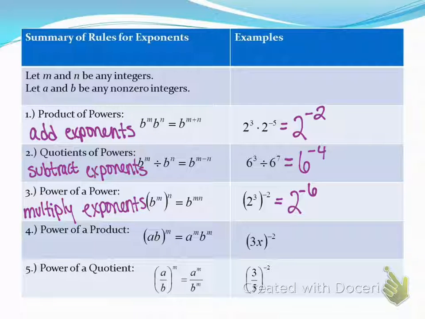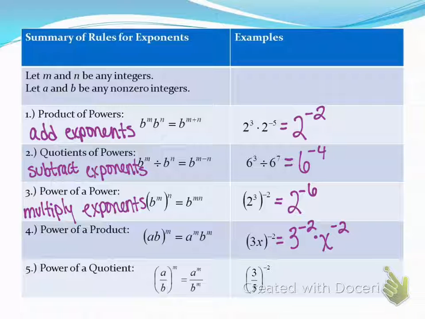So on their example here, how many factors are in those parentheses? 2. What are they? We're on the example side. 3 and x. Okay, so we've got 3 and we've got x. And what exponent are they both getting? The -2. And if you want, you can put the times sign in between them. You don't have to. But that exponent is given to each factor.